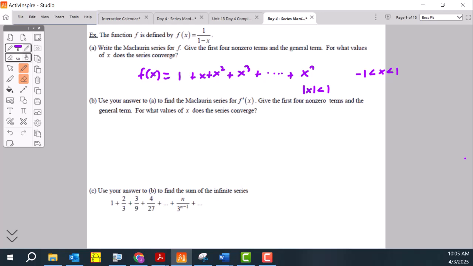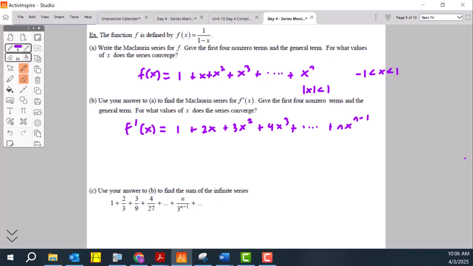Now, we want to find the derivative of this. Well, we'll just do the derivative of each term. So 0, 1 plus 2x plus 3x squared plus 4x cubed plus dot, dot, dot, n times x to the n minus 1. Now, we want to find the values of x for which the series converges.